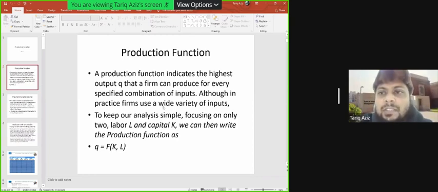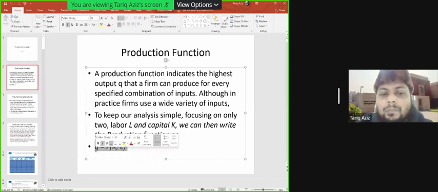Although in practice, firms use a wide variety of inputs, for the sake of simplicity and understanding, normally we analyze using only a few inputs. So to keep our analysis simple, focusing on only two, labor and capital, we can write the production function as Q is equal to function of capital and labor.